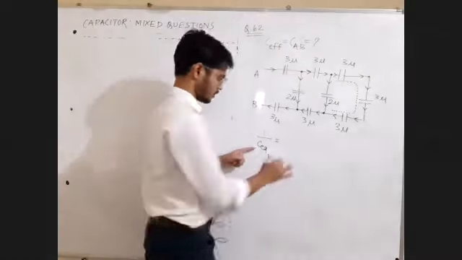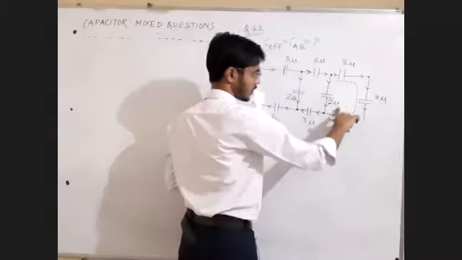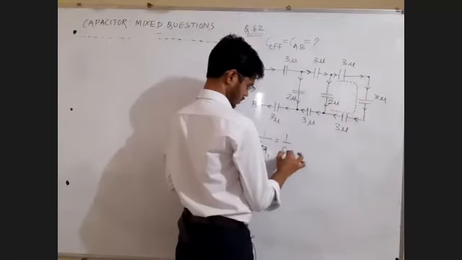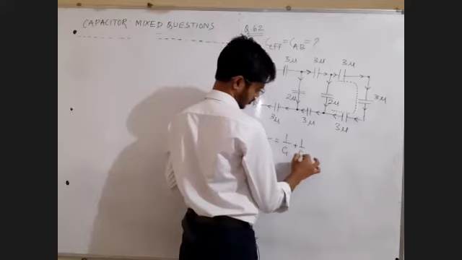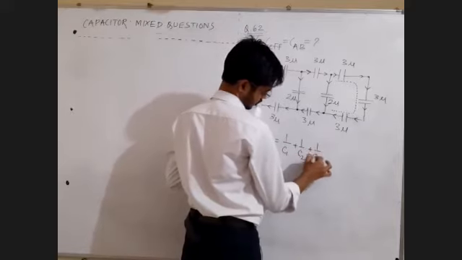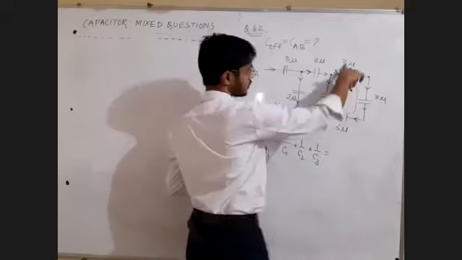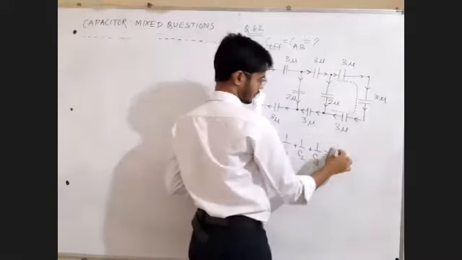So 1 upon C equivalent for the first case is 1 upon C1 plus 1 upon C2 plus 1 upon C3. But sir, C1, C2, C3, everything is equal.